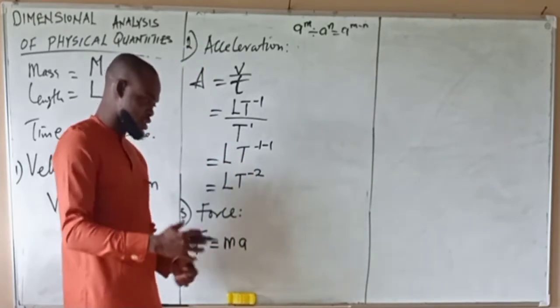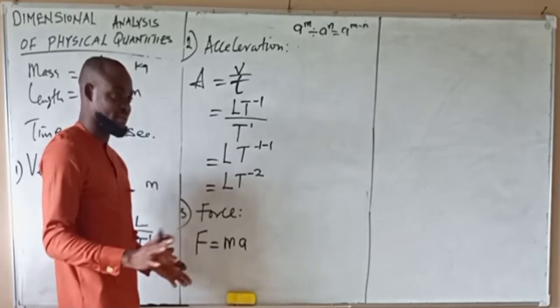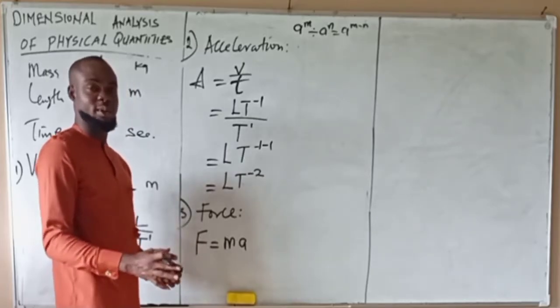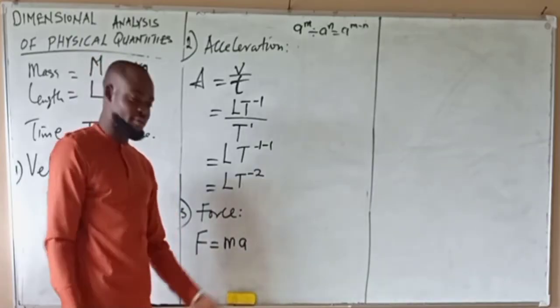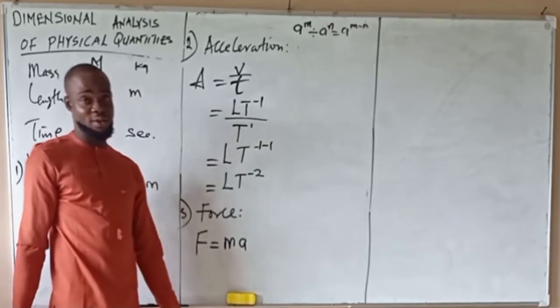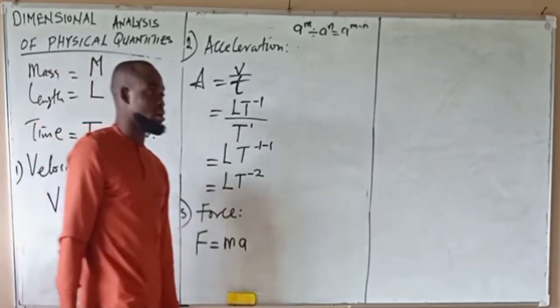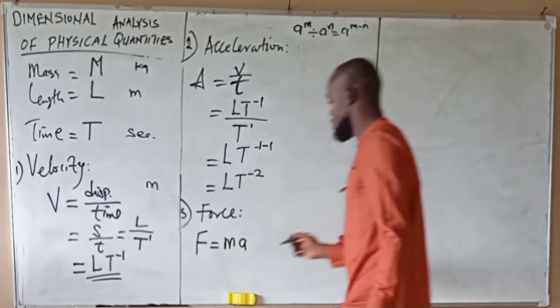Now momentum is mass times velocity, so the rate of change of momentum is mass times velocity over time. Velocity over time gives us acceleration. So mass times acceleration is equal to the applied force. So force is just equal to m times a, where m is mass and a is acceleration. So we go on. That's okay.